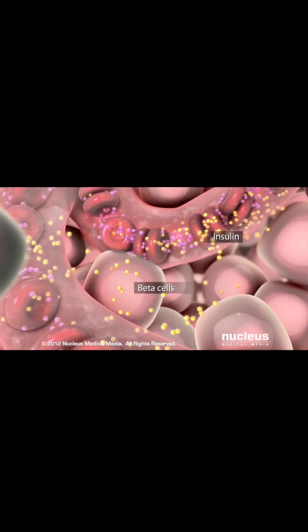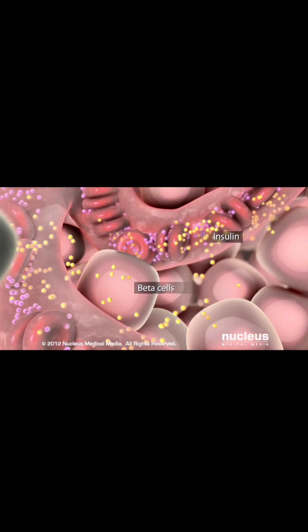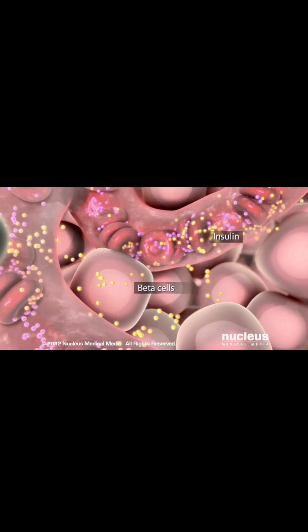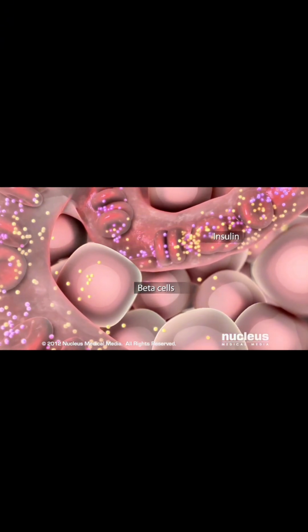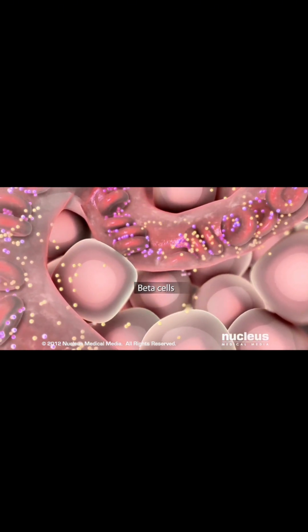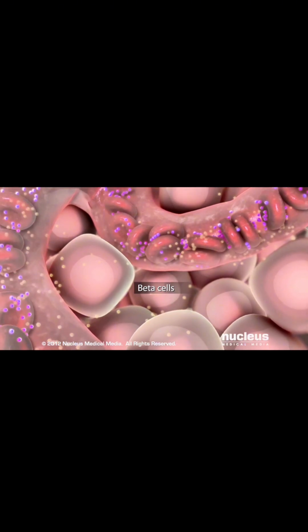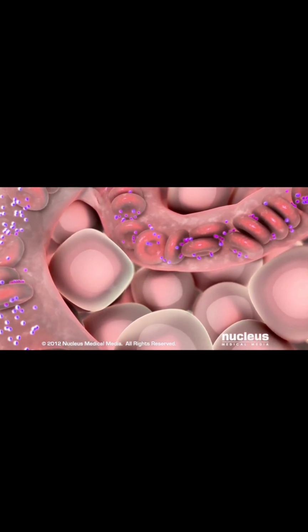But at some point, the beta cells start to get burned out and no more insulin is produced. And when that happens, you don't have insulin driving glucose inside the cell again, and blood sugar starts to go higher. So in type 1 diabetes, insulin is missing because the beta cells cannot produce any more insulin. And in type 2, the issue is the insulin receptors are not responding.